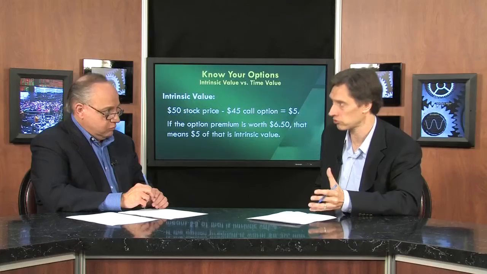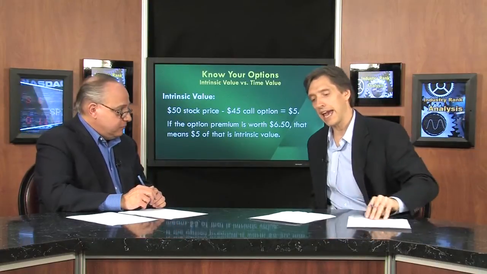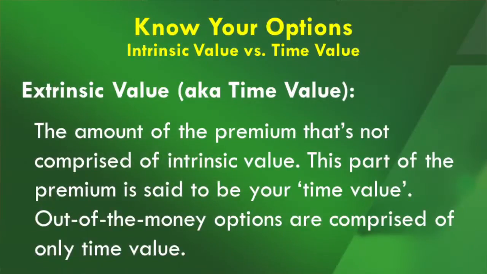The other $1.50 is comprised of extrinsic value. Now define that. Extrinsic value, here's another slide, is the amount of premium that is out of the money. So this part of the premium is said to be your time value. Out of the money options are comprised of only time value.